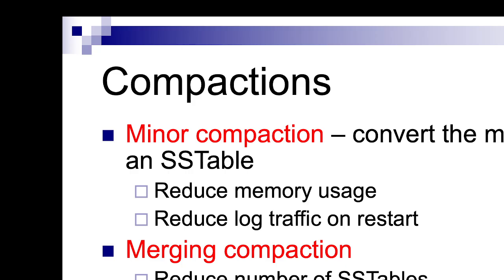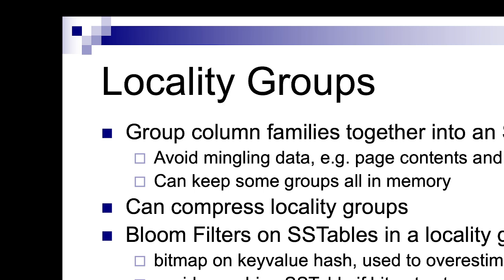N versions here signifies that versions can be reduced to a specific number, where we can quantify the number of versions, okay? Major compaction is a merging compaction that results in only one SSTable, where there is no deletion of records, only live data.